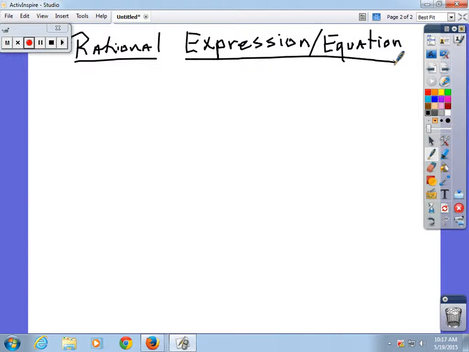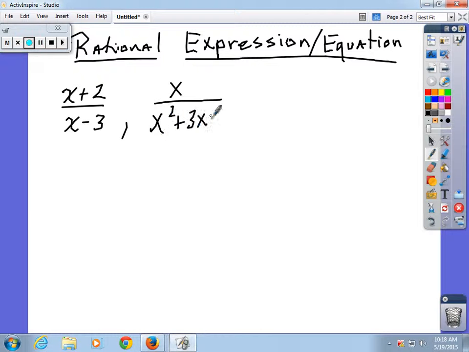All right, rational expressions and equations. First of all, what is a rational expression? Well, I'll give you an example of one. x plus 2 over x minus 3. That's a rational expression. x over x squared plus 3x plus 2.